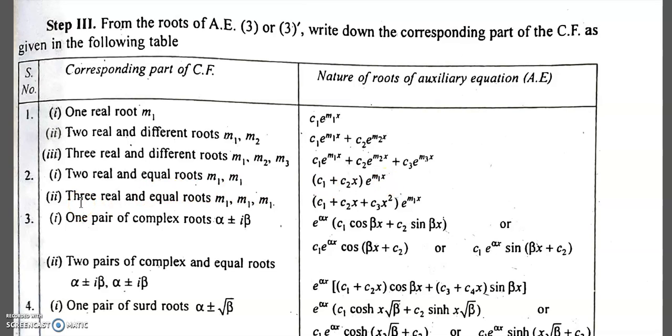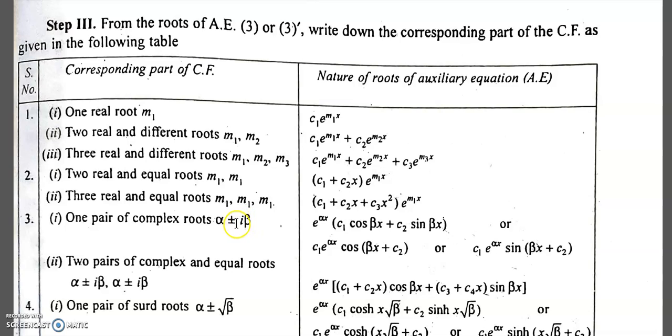And suppose a third order differential equation has real and equal roots, all the roots are equal, say 1 1 1 or minus 1 minus 1 minus 1, so m1 m1 m1. How do we write the solution? c1 plus c2x plus c3x square, multiplied by e power m1x.